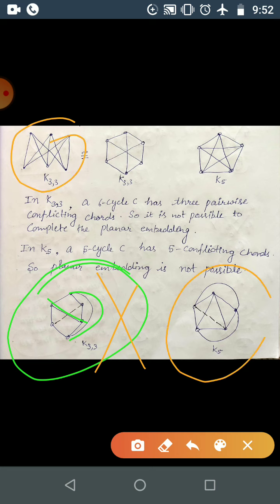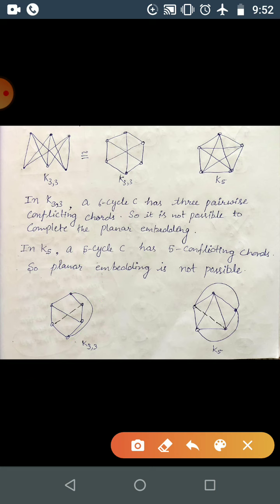And also in K5, we are able to manage this one and these two. But what about the left part? That is this one. So if you draw this one by this one, then you are crossing at this point. Correct? That is, if you are drawing this one with this one, not drawing this one, then you are crossing at this point. And if you are crossing like this, then you are crossing at this point.